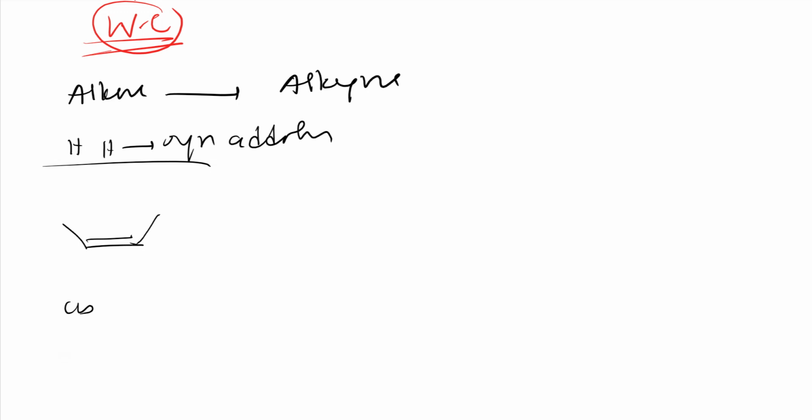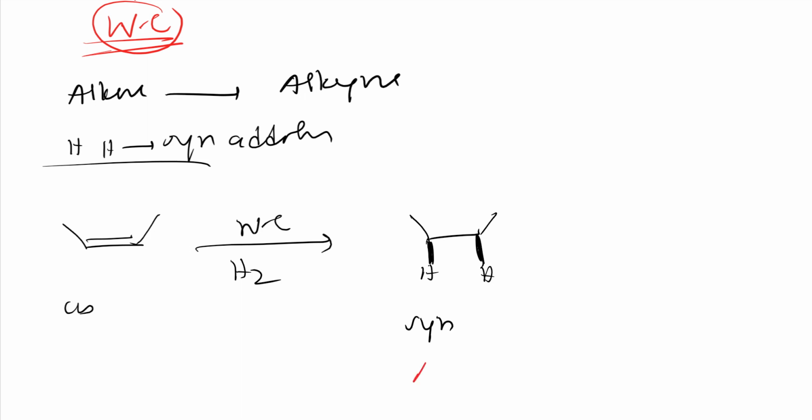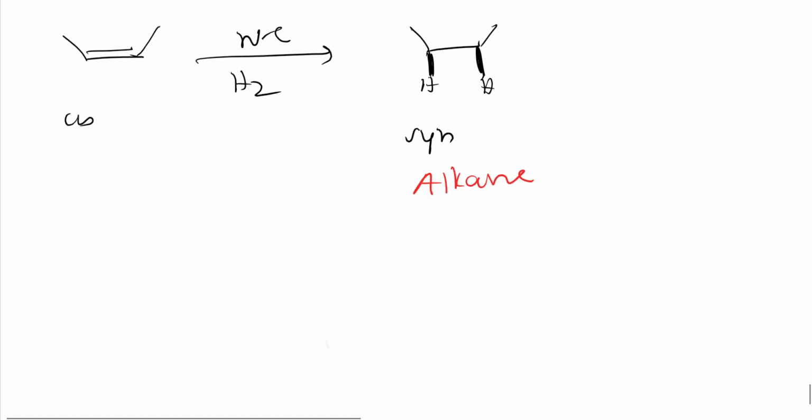To this, if I add Wilkinson catalyst in presence of hydrogen gas, I'll get this alkane in such a way that both hydrogens will attack from the same side, from one side only. So syn addition. So I got this alkane, right?